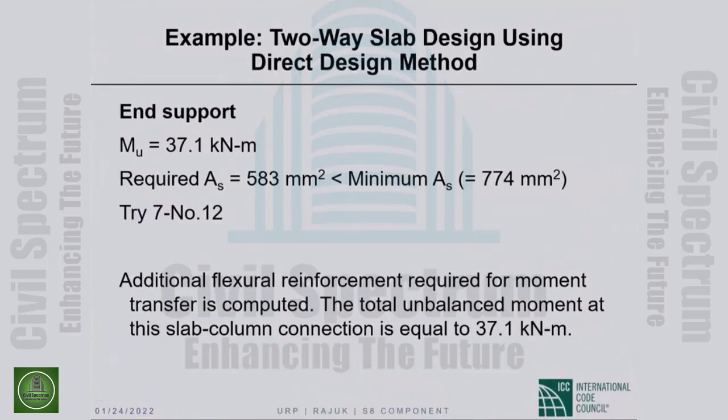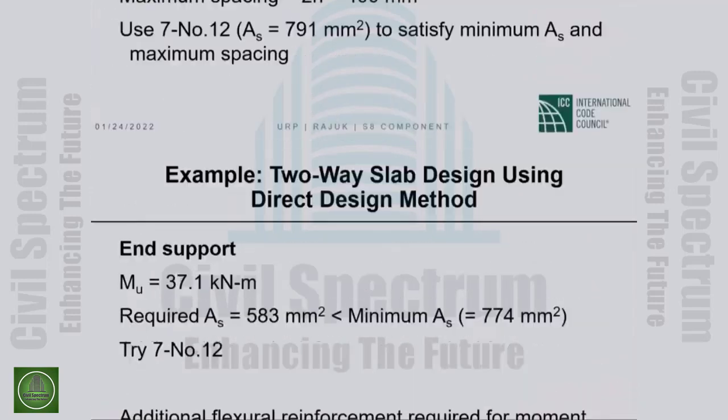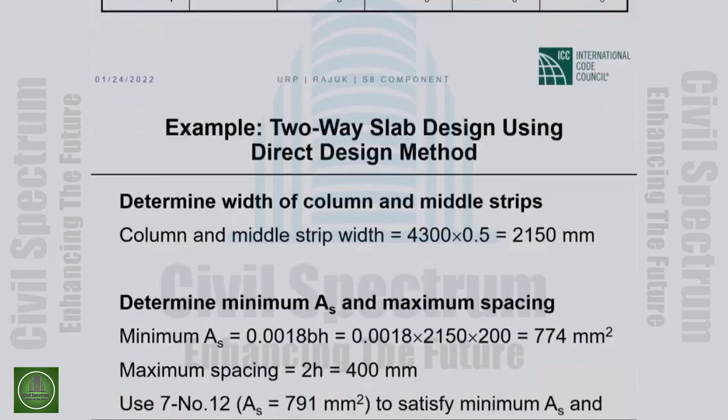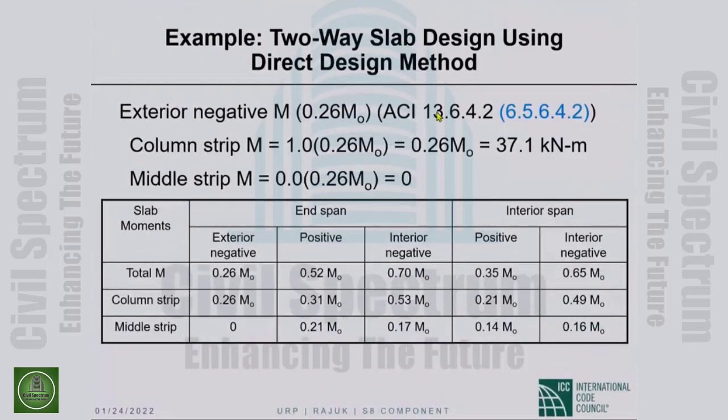It must have been there. I don't want to spend any more time looking for it. So the bending moment at the exterior support, end support, 37.1 kilonewton meters. Maybe we just got it here. Yeah, this is it, 37.1.